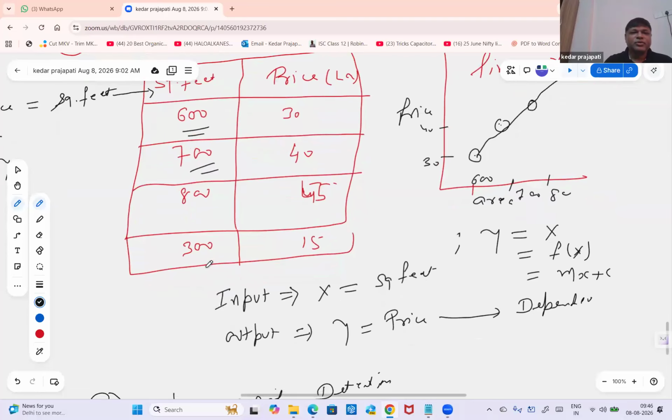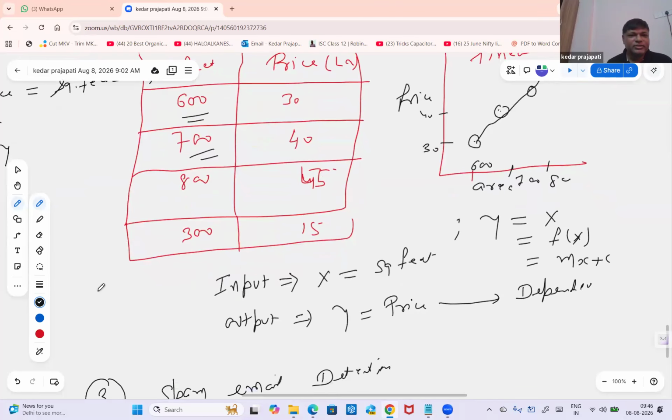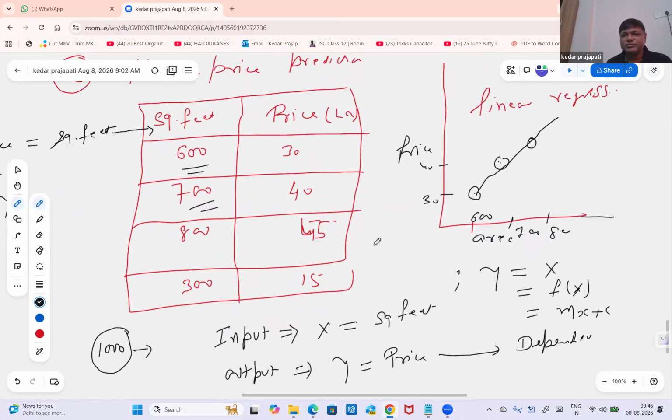So if you're asking a model, suppose I have 1,000 square feet, and I ask what will be the price of a house whose area is 1,000. The model will draw a point here at 1,000.